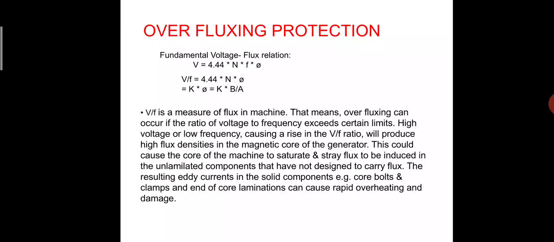In the magnetic core of the generator, this could cause the core of the machine to saturate and stray flux to be induced in the unlaminated components that are not designed to carry flux.